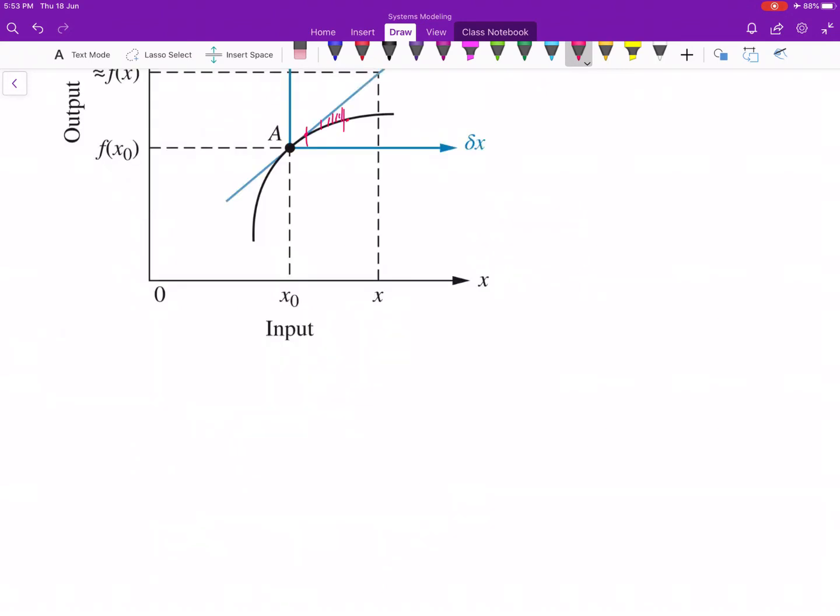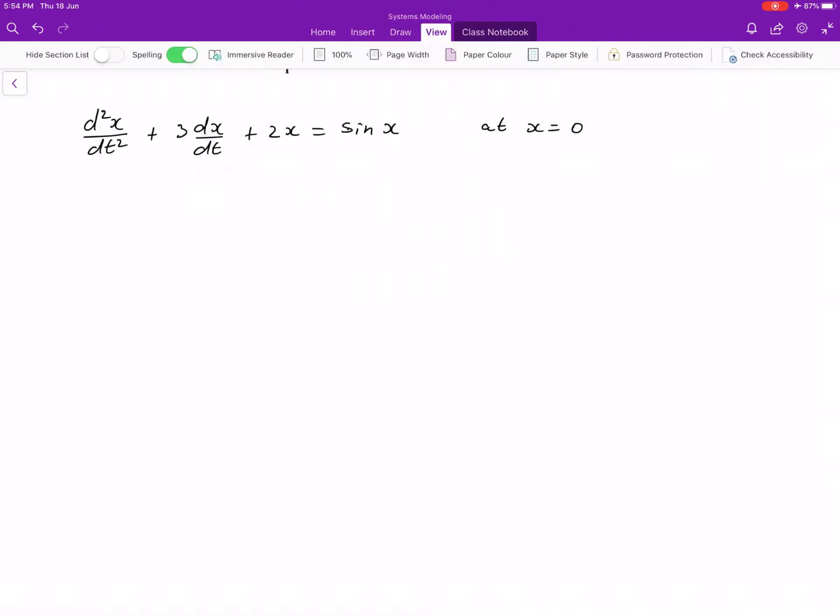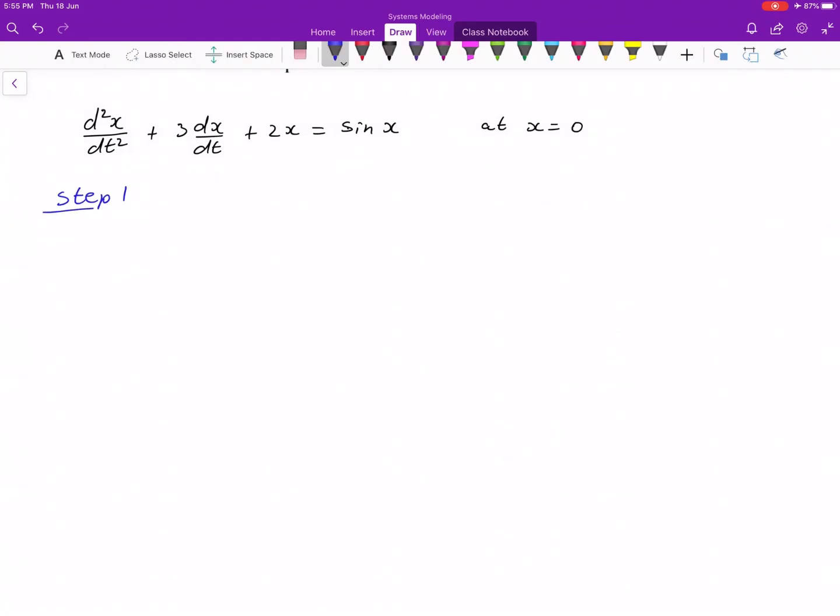Let me look at an example quickly so that we can look at the procedure. We are given this equation to linearize around x equal to 0. I'm going to write certain procedures, and I hope they will be helpful in solving the rest of the sections. Step 1: find the equilibrium point and the equilibrium equation by setting all the derivatives to 0.